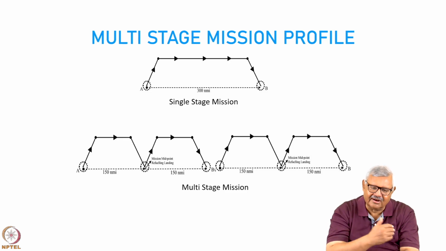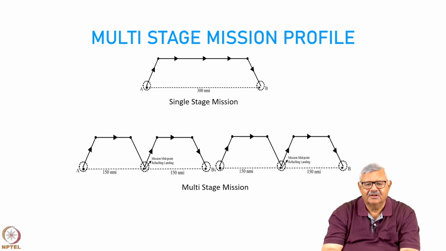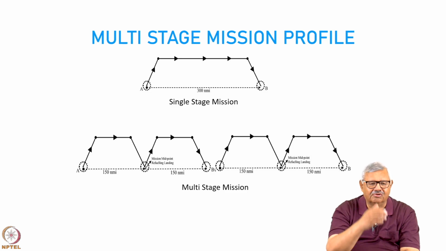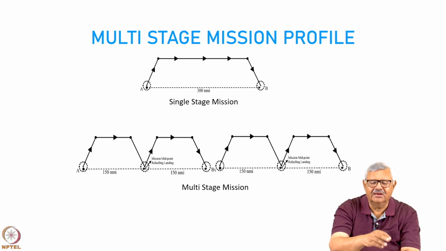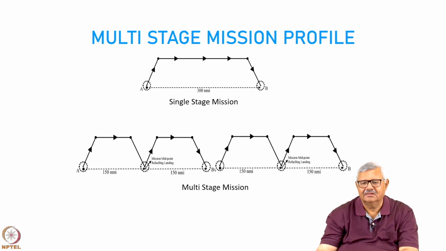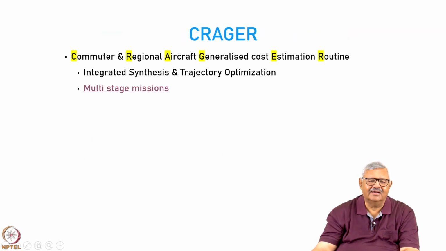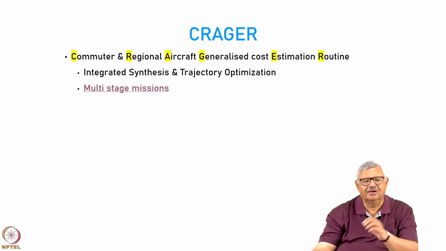So, you carry extra fuel in the first flight to take care of both the flights. So, you could do something like this, you can go from A to B, you can do it via a point, and then you can go from B to some point and then back to B. So, this is called a multi-stage mission, wherein multiple flights are done by the aircraft over a period of time rather than one big long flight.